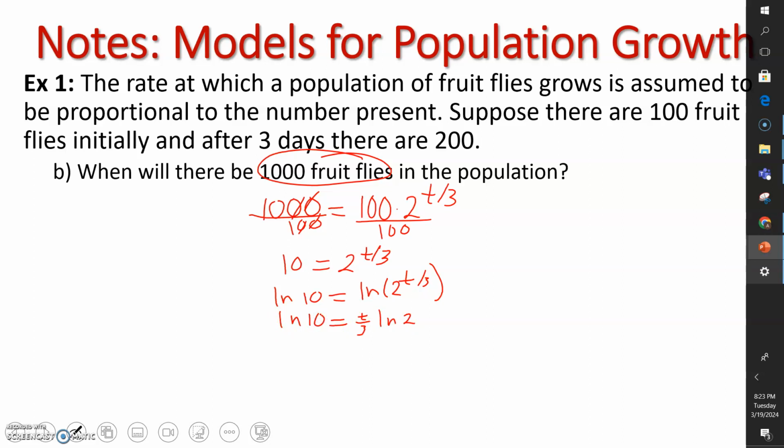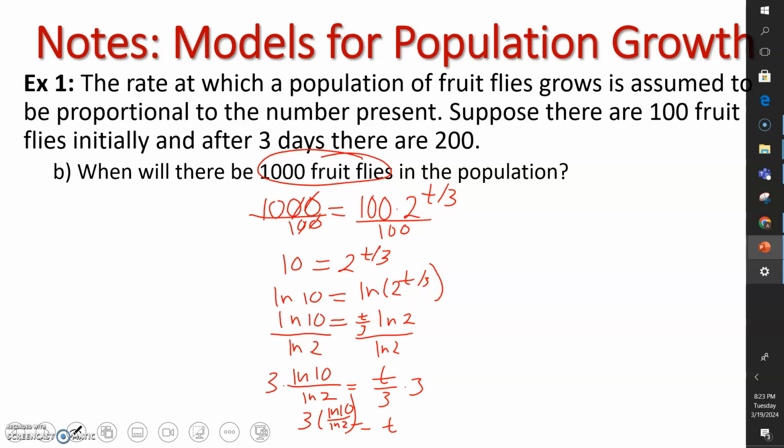Then we'll move the ln of 2 to the other side. So we have ln of 10 over ln of 2 is equal to t over 3. Then we need to get t by itself, so we'll multiply both sides by 3. So we'll get here that t is equal to 3 times ln of 10 over ln of 2.